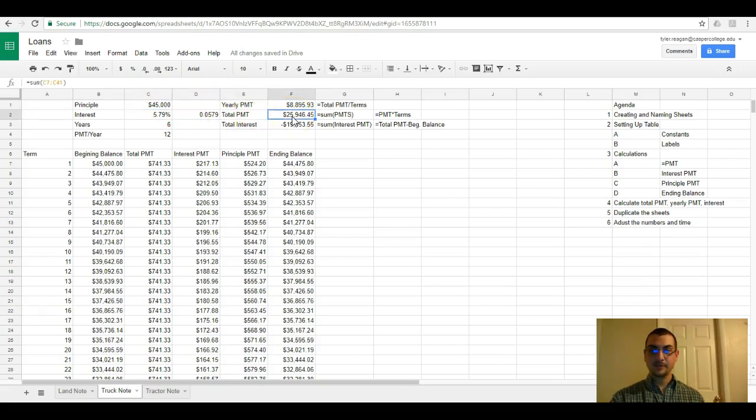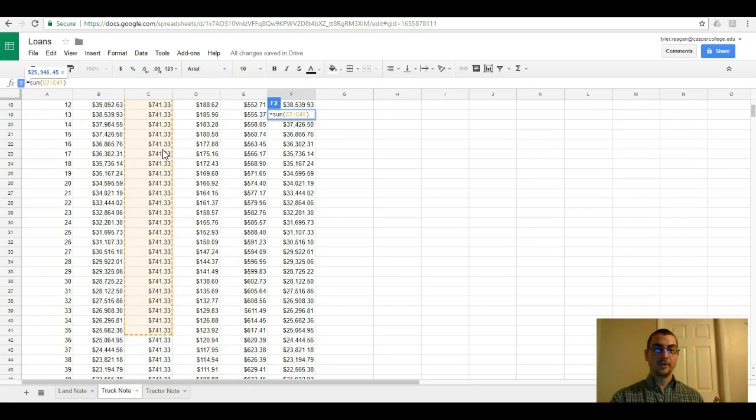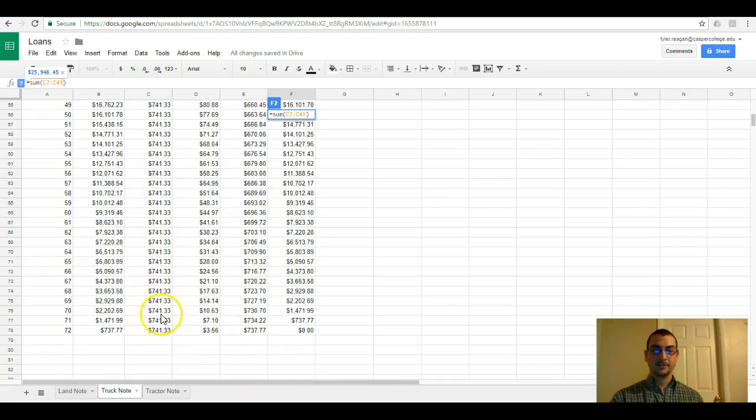Well, we know that something's not correct there. So you click on that formula and start figuring out what exactly is going on here. And then we scroll down and see, oh look, we're still basing this off of the previous formula. This formula does not go all the way down to the 72nd term.